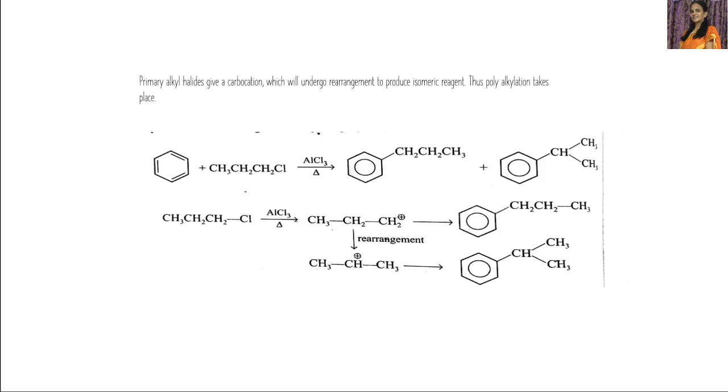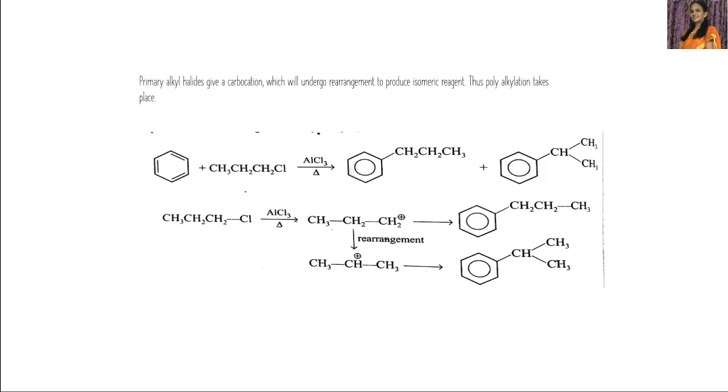So thus, if we consider primary alkyl halides in this alkylation reaction, there is every possibility of getting more number of products because of polyalkylation, and this polyalkylation arises due to the rearrangement of carbocations. Okay, so this is about the limitation, we can say, of Friedel-Crafts alkylation reaction.